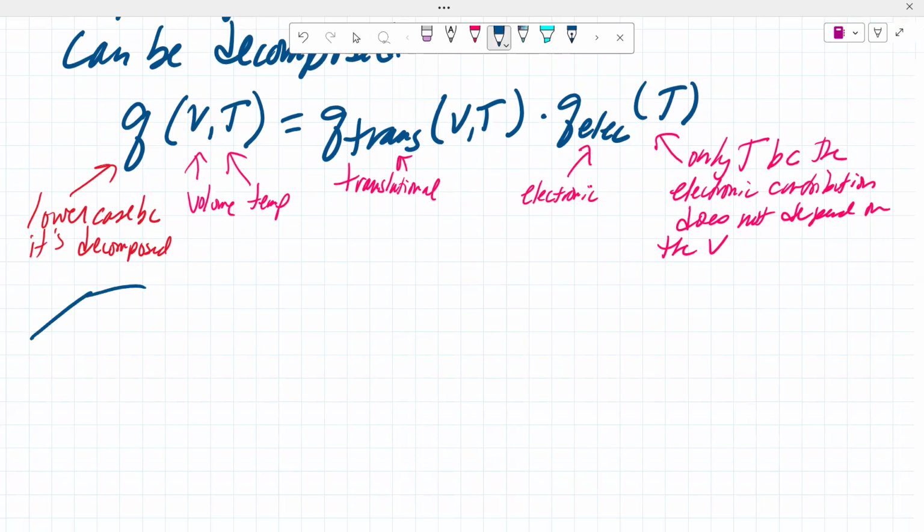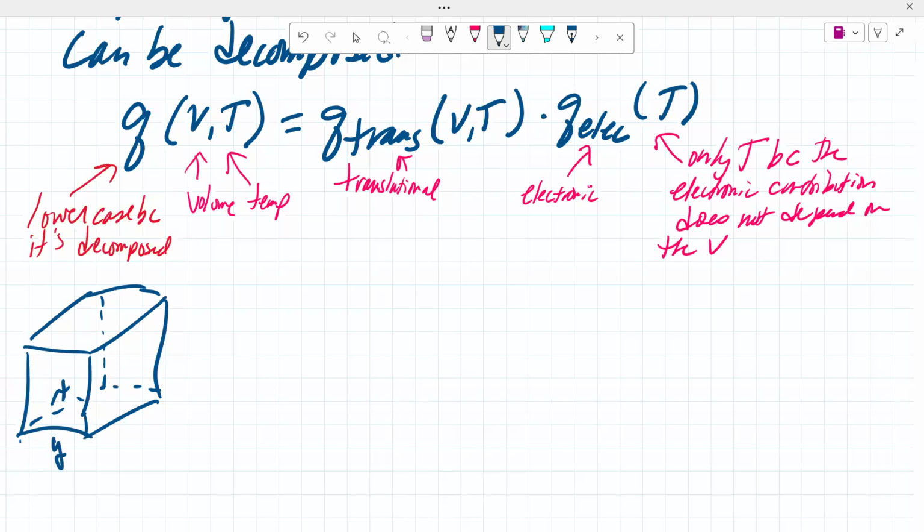Okay, so here's our box. Now we only solved the 2D, right? We didn't solve the 3D. So you've got X here, and you've got Y here, and wait, X, Y, Z is the height, right? So is this thing in the back. Okay.